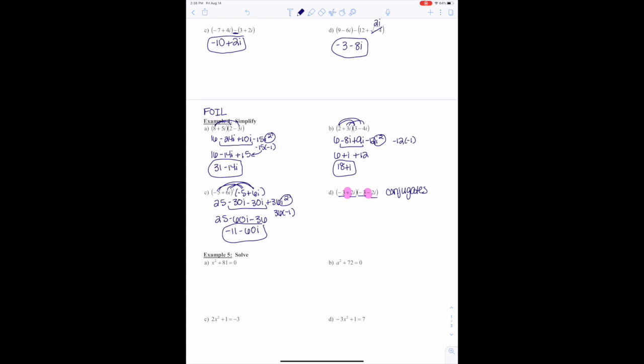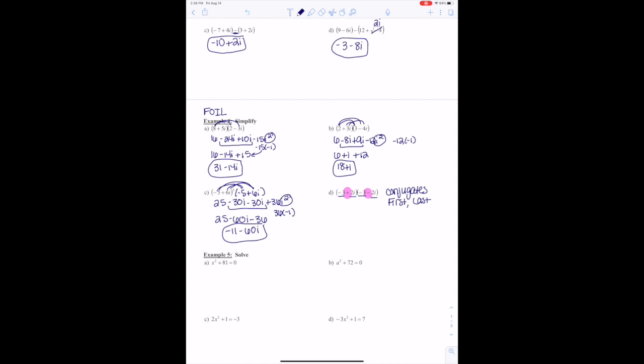So the shortcut for conjugates is that you multiply your first terms and you multiply your last terms, because what happens is the inside terms, your inner terms, end up canceling each other out because everything's the same and you've got a plus and a minus. It means they're going to cancel out. So there's your shortcut when you have conjugates.